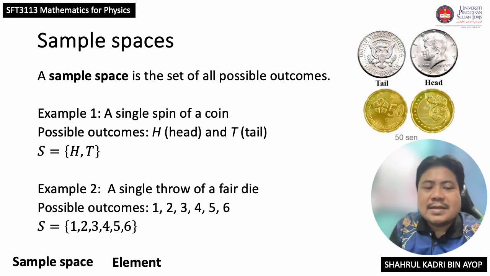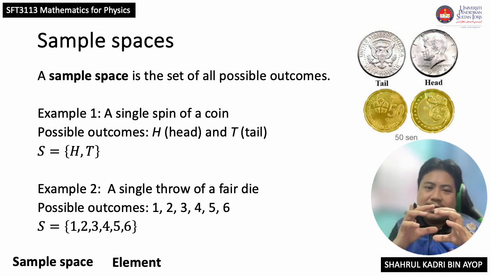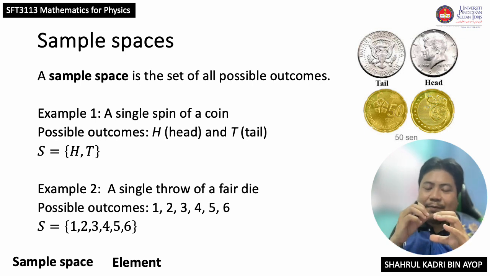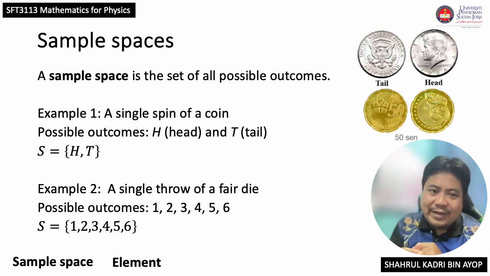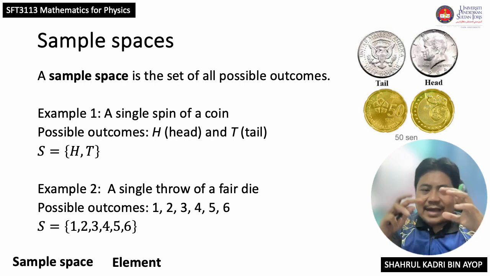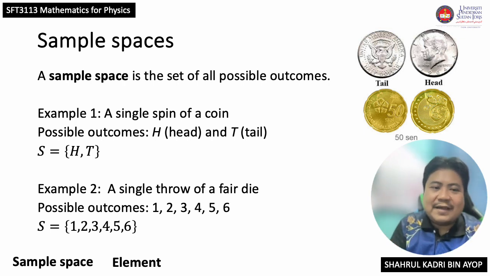Okay. So for example two, we have a single throw of a fair die. Fair die means a cube of dice. It has dots, 1, 2, 3, 4, 5, 6. So when we throw it, we can get either one or two or three. So the outcome is 1, 2, 3, 4, 5, 6.